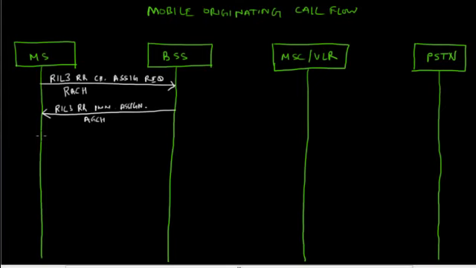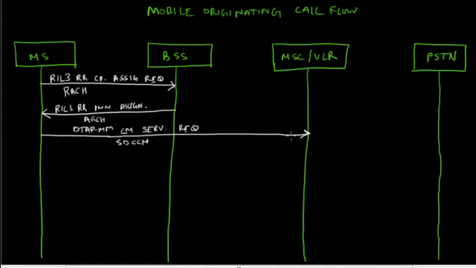Now mobile can actually hop on to that standalone dedicated channel and send a service request message to the BSS, which is the DTAP mobility management call management service request, which is sent on the standalone dedicated channel. It's sent to the BSS.